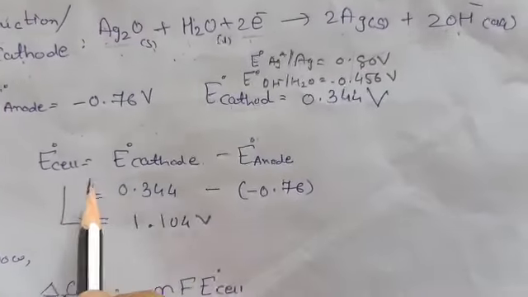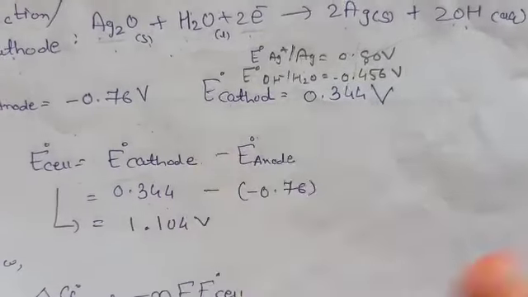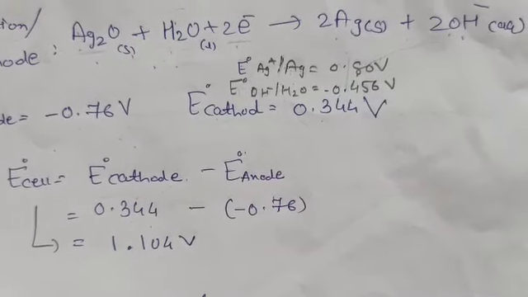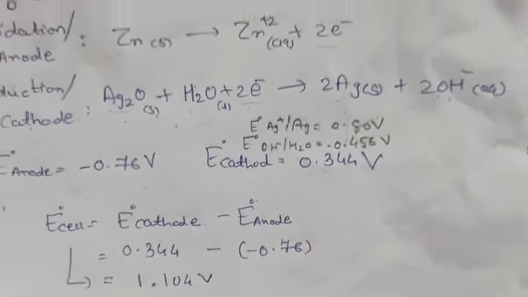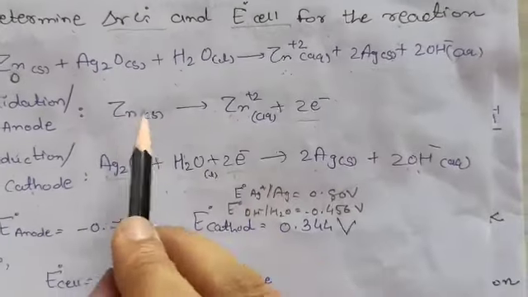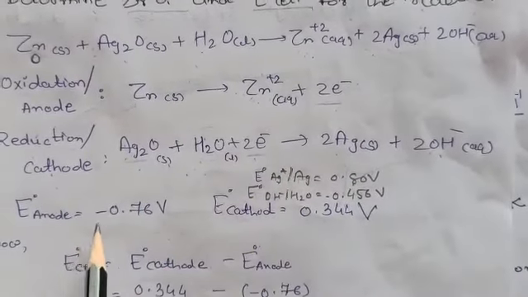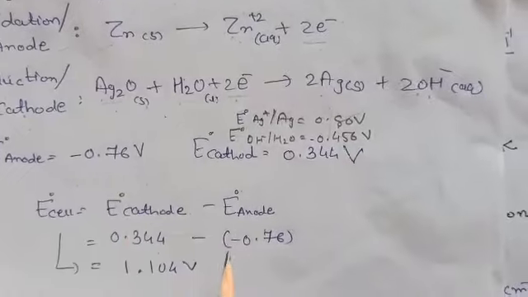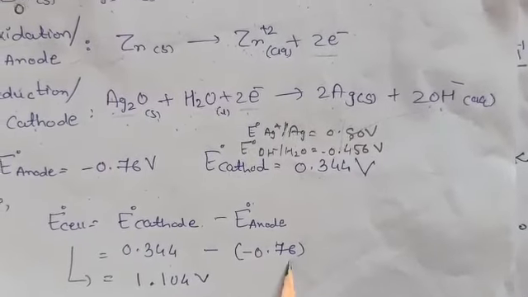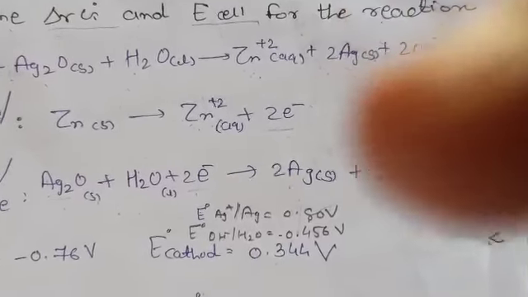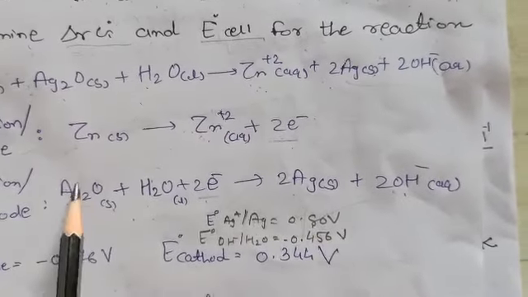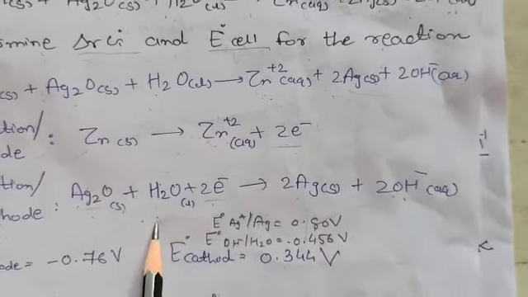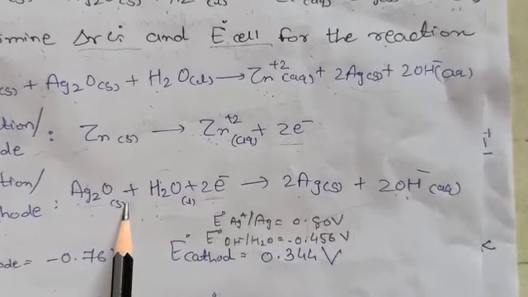For E0 cell we want E0 cathode minus E0 anode, right? Here at the anode, the reduction potential of Zn2+ to Zn is minus 0.76, so E0 anode is minus 0.76. At the cathode there are two species, Ag2O and H2O, so we have to add their potentials.